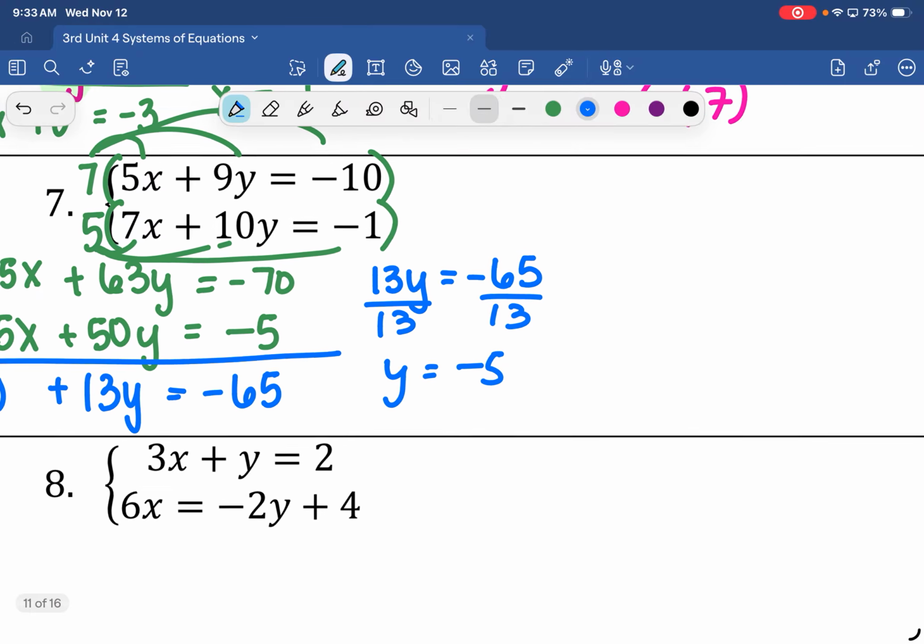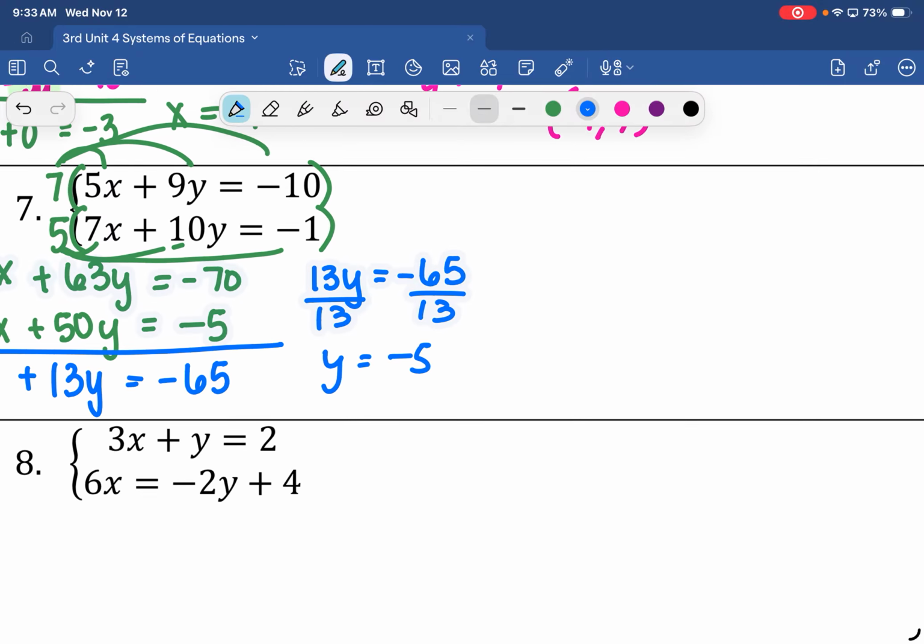Then we plug that back in. Either equation works. Which one do you want to use? So we can do 5 times x plus 9 times y. What is y? Negative 5 equals negative 10. So 5x plus, what is 9 times 5? Negative 45.